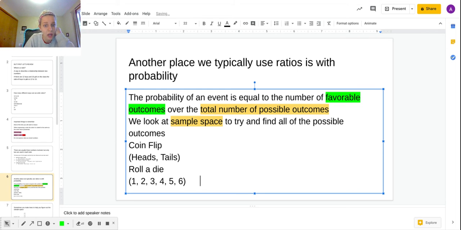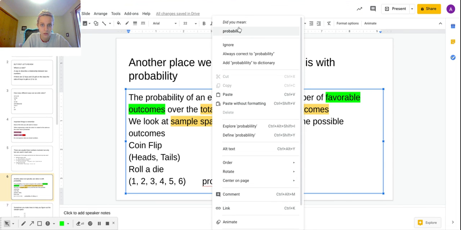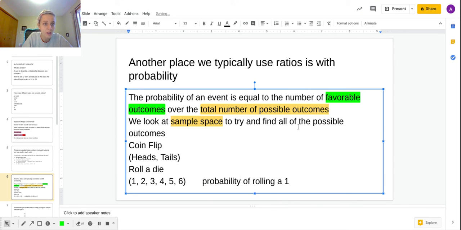So if I was looking at the probability of rolling a 1, there's only one chance that I can roll a 1, correct? And then how many total possible outcomes?